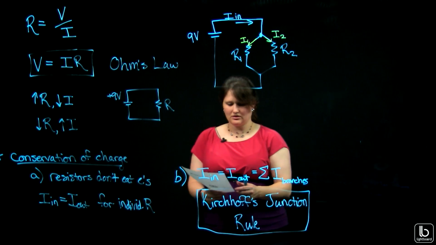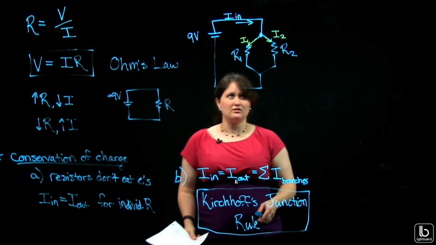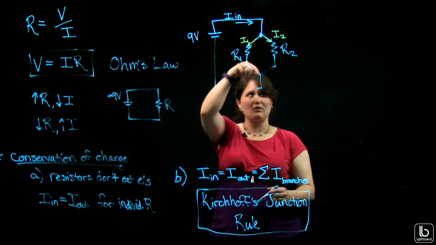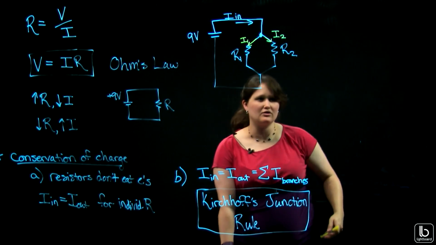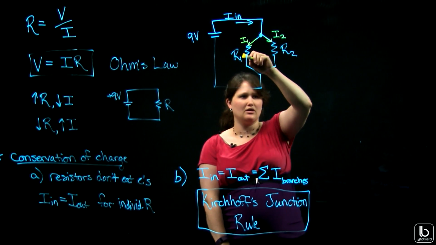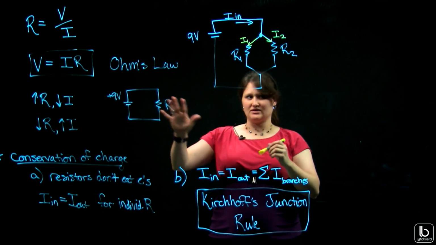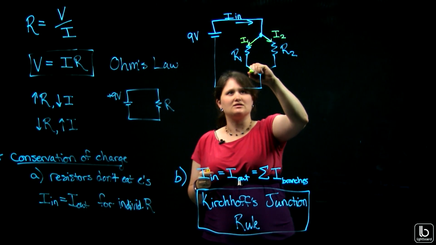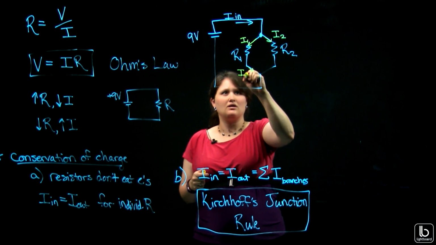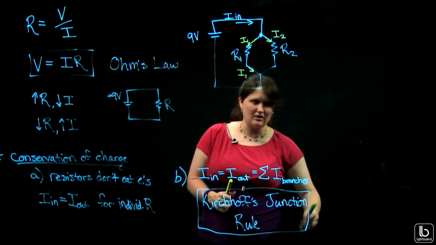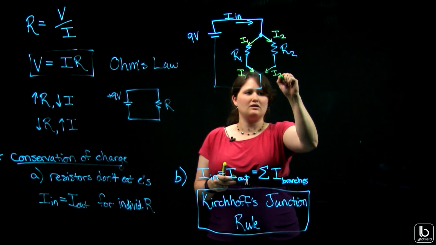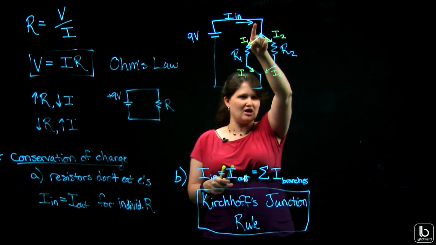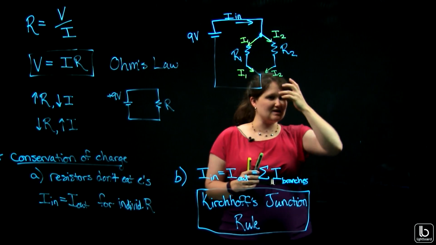So let's talk a little bit about what's happening here now. So once I have current 1 go into resistor 1, we can agree at this point that this is still I1, and this is still I2, that the current didn't change just because I went through a resistor, right? We've established that.